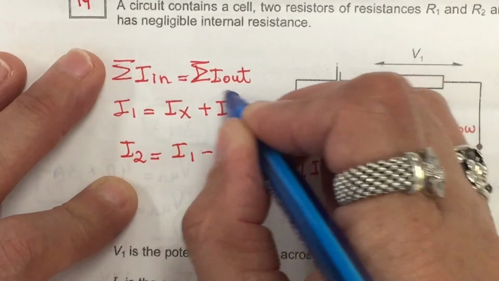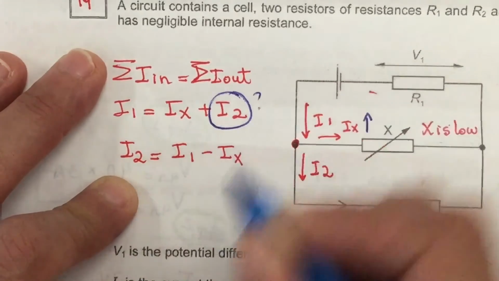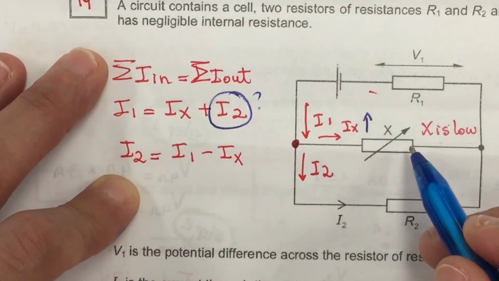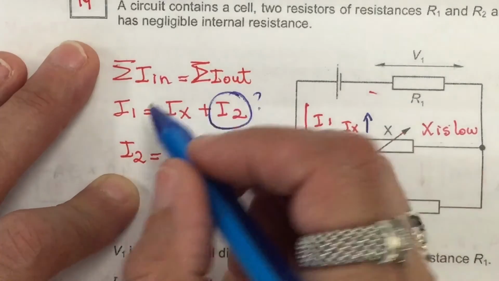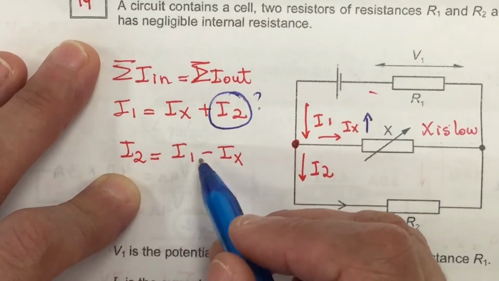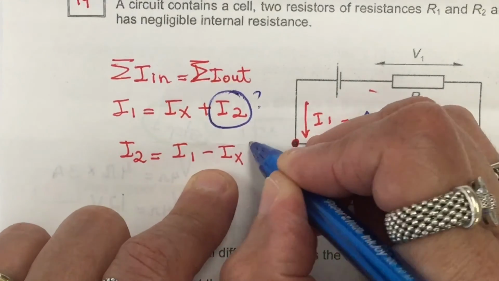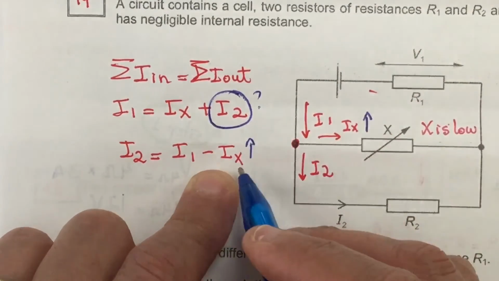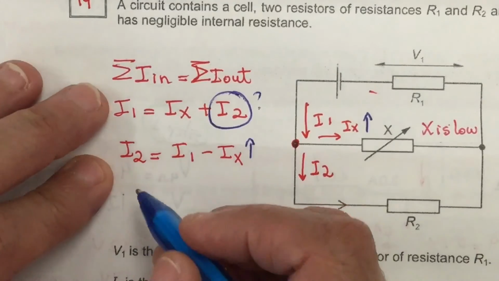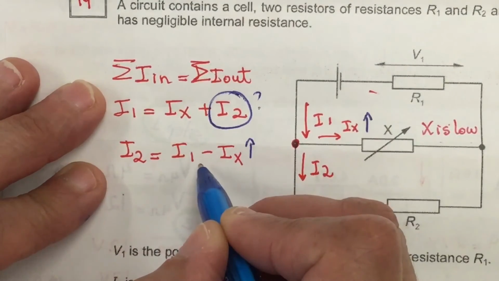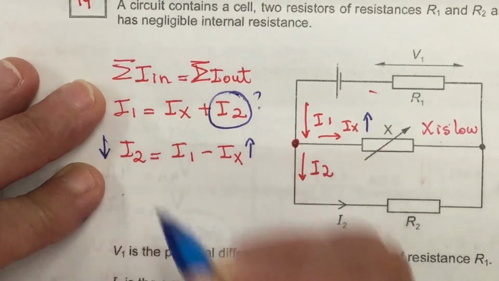So I'm looking for I2. What's going on with I2 with this condition? So I2 by this formula is I1 minus IX. So if my IX increases, what is going to happen? My I2 is going to decrease.